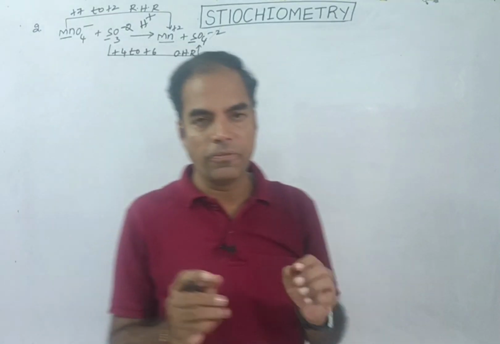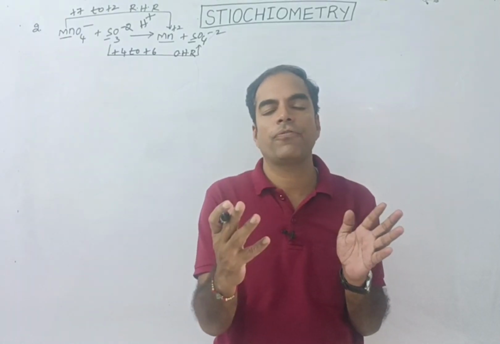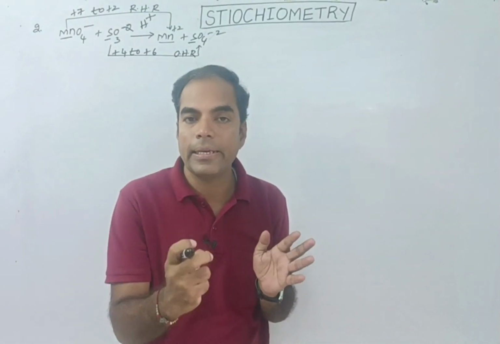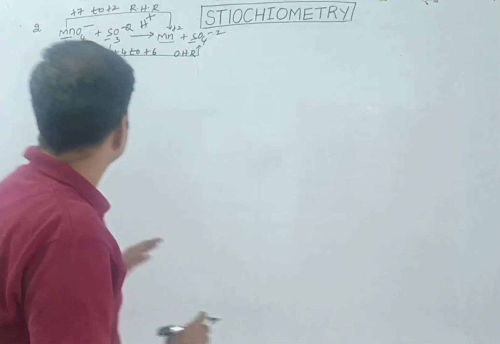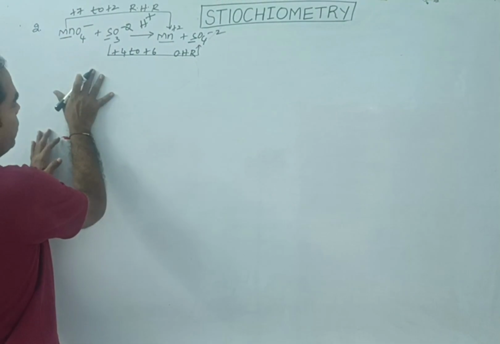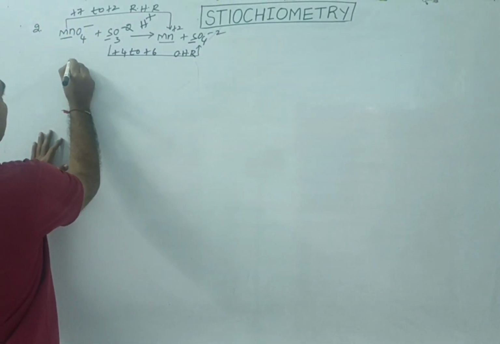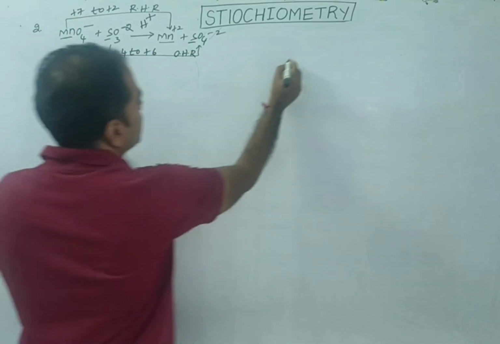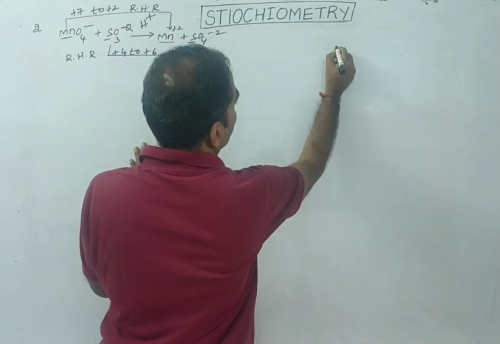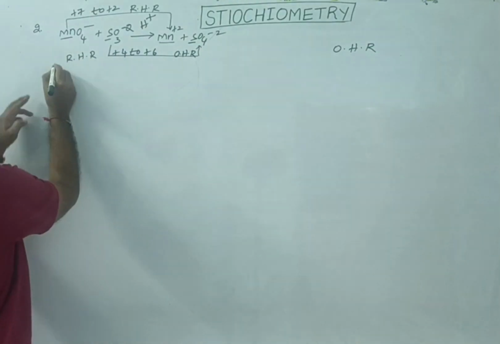The first step is to classify the oxidation half reaction and reduction half reaction based on the calculation of oxidation number. Okay, right. Now on one side you represent the oxidation half reaction, on the other side the reduction half reaction. Let us put the reduction half reaction here and the oxidation half reaction on this side.